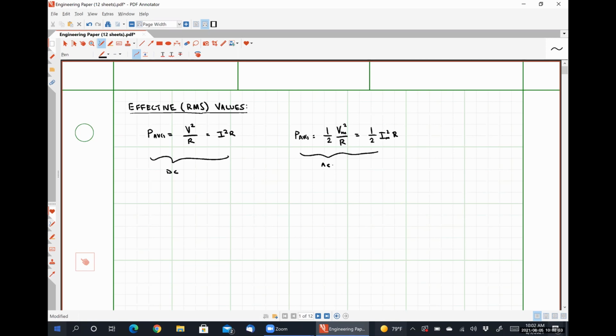So what we're going to develop over the next several minutes is a means by which to relate these two quantities. What I mean by that specifically is we're going to take an alternative look at our AC signals and figure out an electrical equivalent DC signal that supplies the exact same amount of power to our given load.